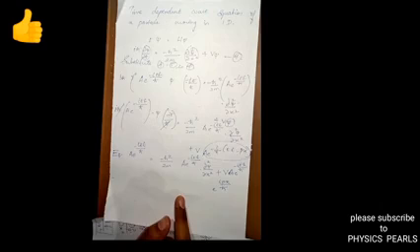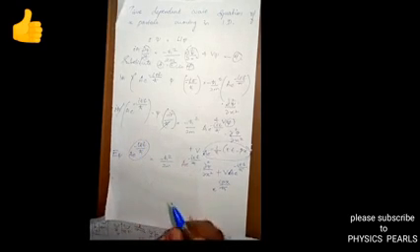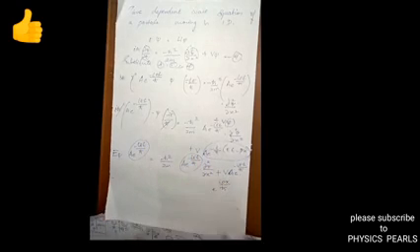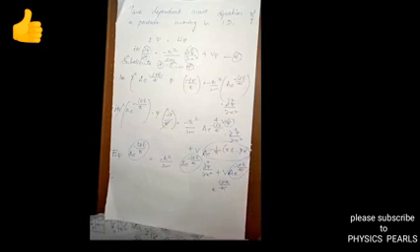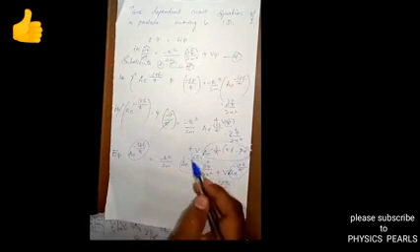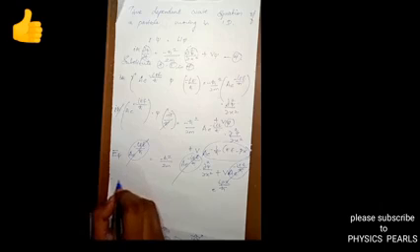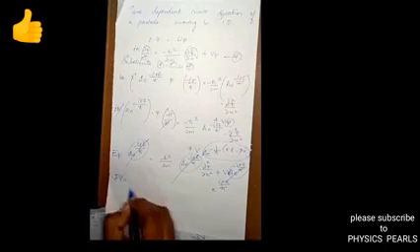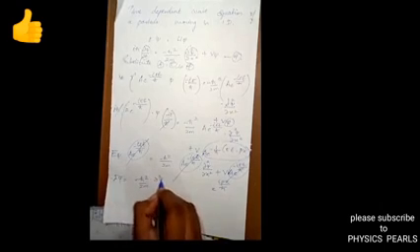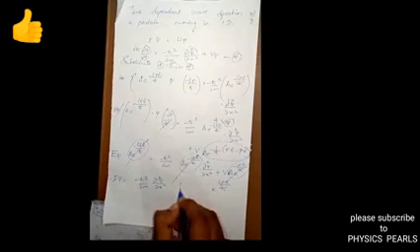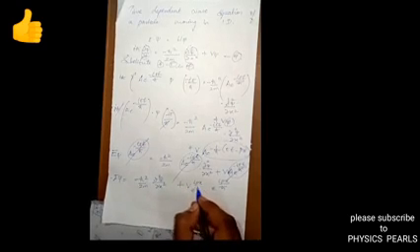So when we look at this term, we have A e power minus i E t by h cross on either side of the equation. So we can cancel this. So now we have E psi is equal to minus h cross square by 2m dou square psi by dou x square plus V e power minus i p x by h cross.